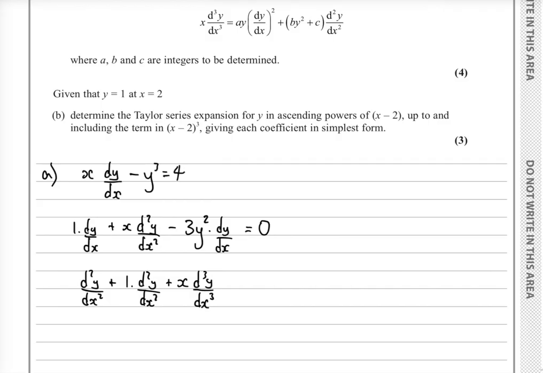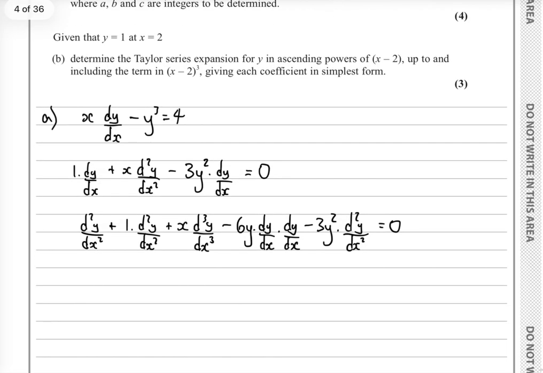And then here, product rule again. So if I differentiate the 3y squared, I get minus 6y, but I need to multiply by dy by dx. And there is already a dy by dx. Then I leave the 3y squared alone, and I differentiate the dy by dx to get the second derivative there, still 0 on this side.